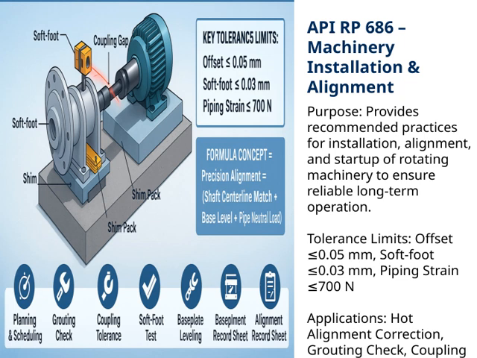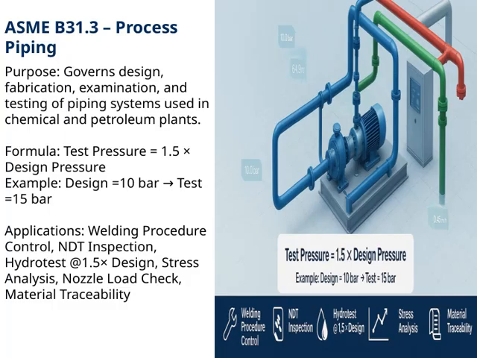All these points tie back to our overall theme of ensuring machinery reliability and efficiency. By adhering to these recommended practices, we can prevent issues before they arise, extend the lifespan of our equipment, and optimize maintenance strategies.